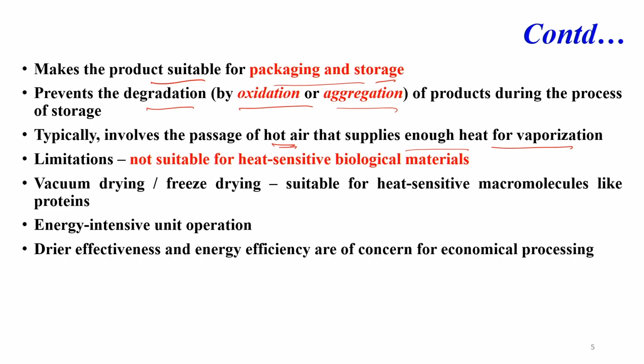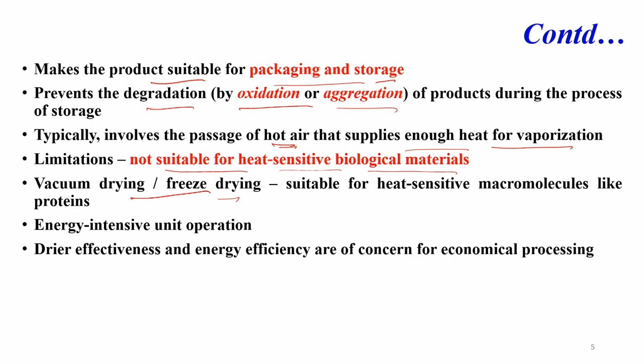What is the limitation? It has a certain limitation, because if there is a biological macromolecule or biological product which is heat sensitive, then drying cannot be used. In that case, there are different variations. Apart from atmospheric drying, one can go for vacuum drying or freeze drying, which is suitable for heat sensitive macromolecules like proteins.